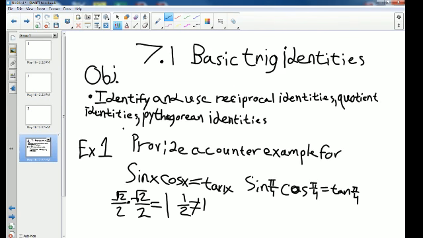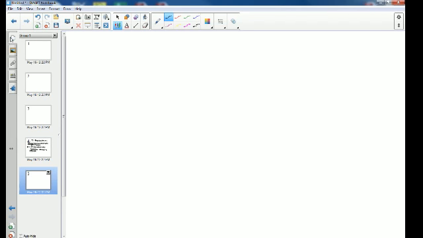So let me pull up another page. That's how you would work with just a counterexample. Now we're going to work with a reciprocal identity.